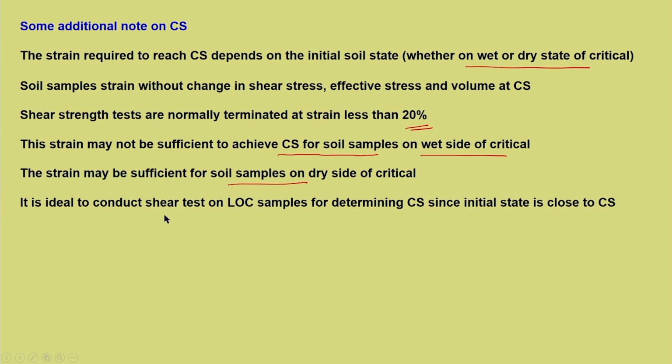It is ideal to conduct shear tests on lightly over consolidated samples for determining critical state, since the initial state is close to critical state. So if you are planning to obtain the critical state parameters, one suggestion is that if the soil is lightly over consolidated, then it is fairly easy for the soil state to reach critical state.